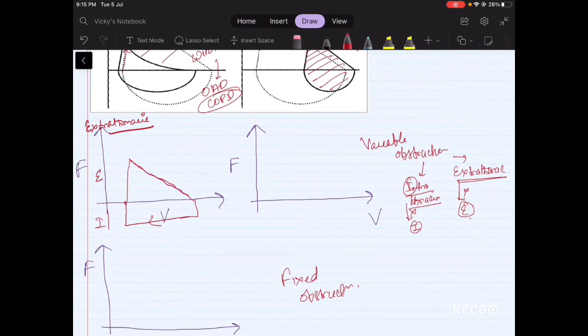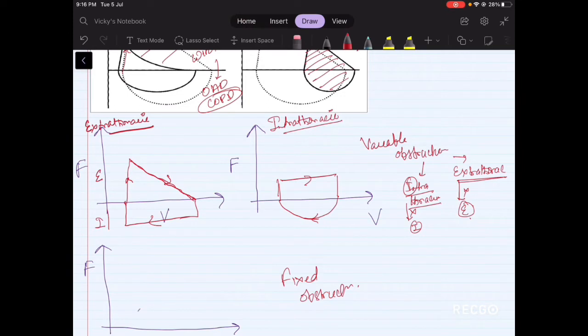I made a slight error. Okay, so that will be like this, right? Now intrathoracic obstruction, problem will be in expiration, sorry. So the expiration curve will become rectangular or square shaped, and inspiration will be like normal, right?